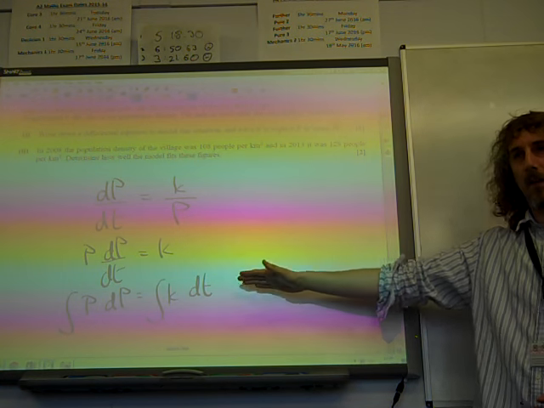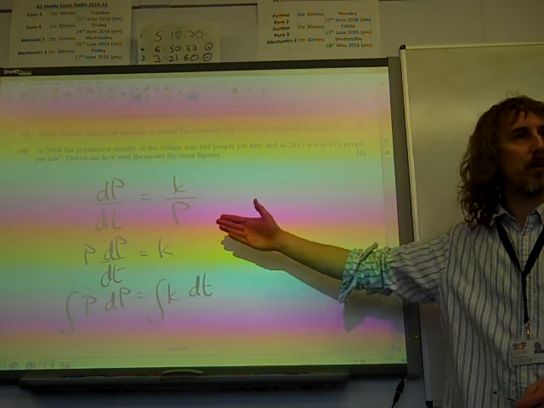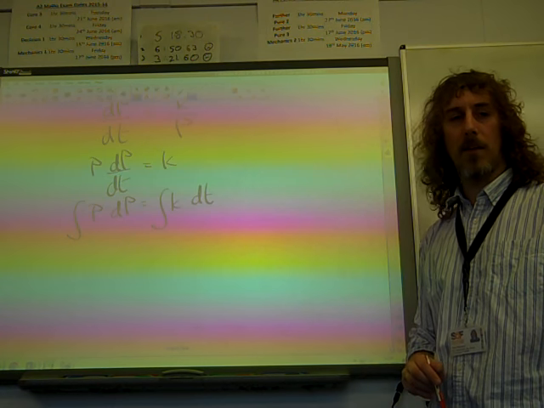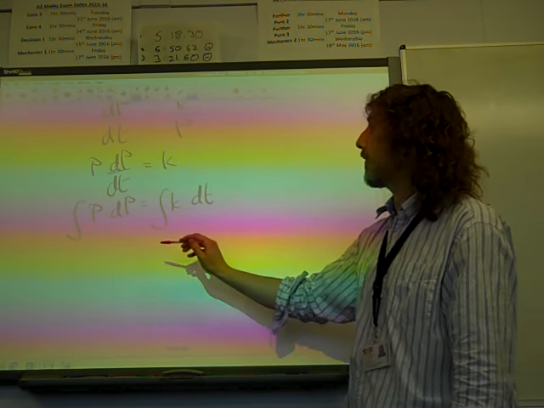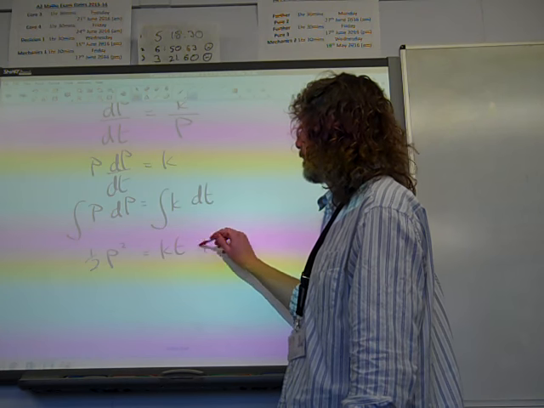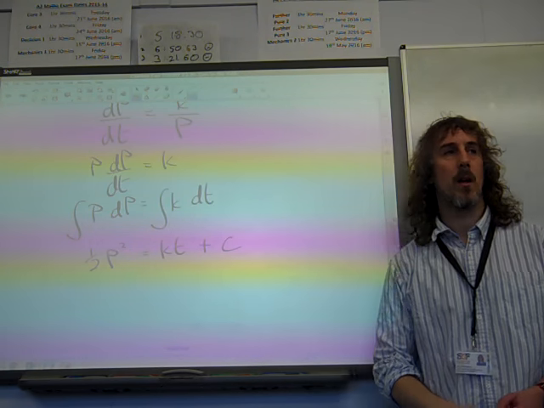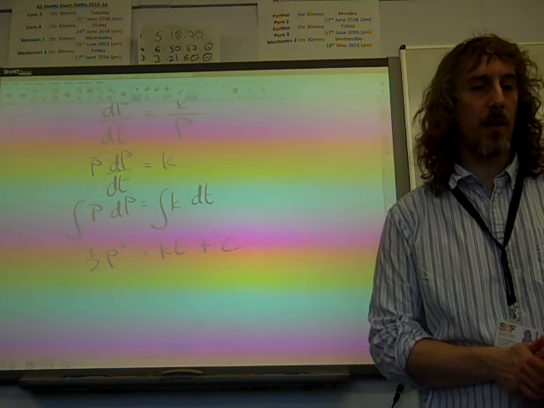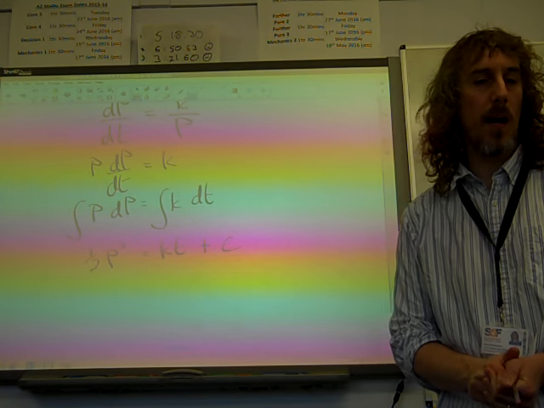It is quite important that we put that step in to show that we're integrating, that we don't just skip that one. And then, as we integrate that, we're going to get p squared over 2 equals kt plus c. Now we're starting to overload this whole thing with constants, so we need to work out some of the things that are going on. What have we already been told?